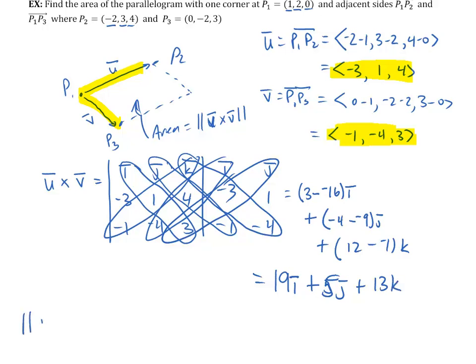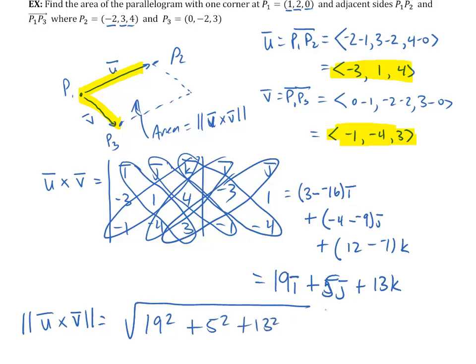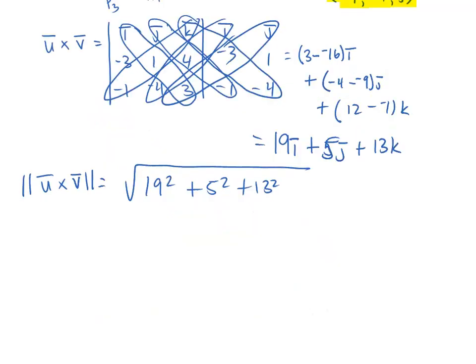So the magnitude of u cross v is the square root of 19 squared plus 5 squared plus 13 squared. 19 squared is 361, plus 25 plus 169 is 13 squared. Add those up. 361 plus 25 plus 169 gives me 555.